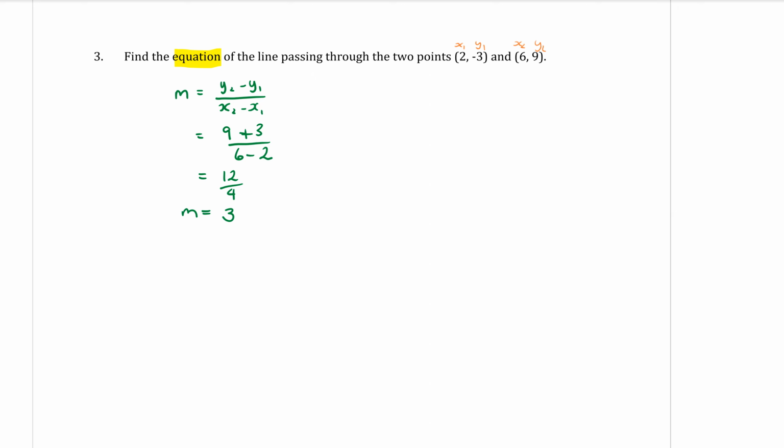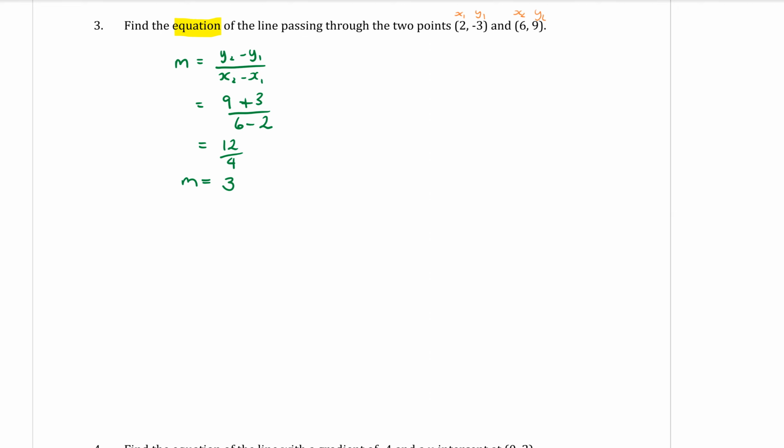Now that I have the gradient, I'm actually trying to find the equation, remember, and I need to use my point gradient formula, which is y take away y1 equals m times x take away x1. Now the gradient is m equals 3. The point is either one of these 2 points up here.